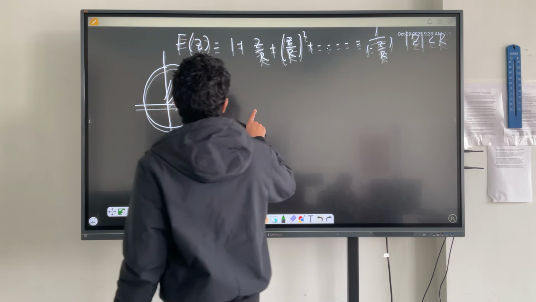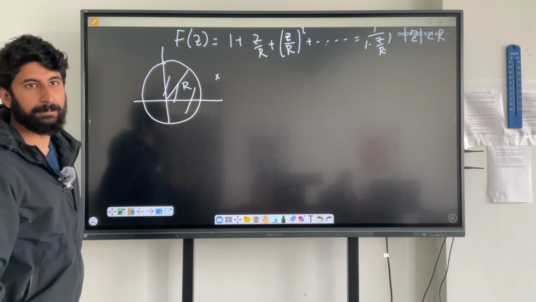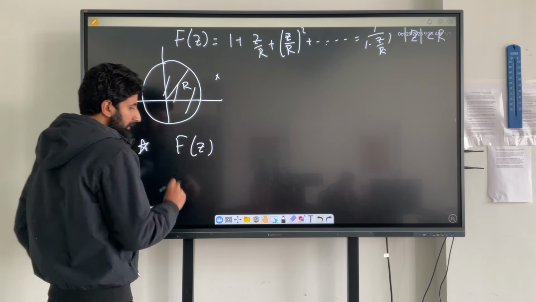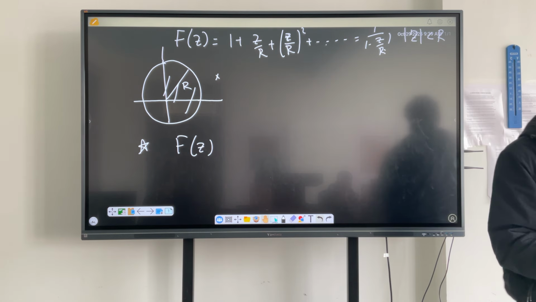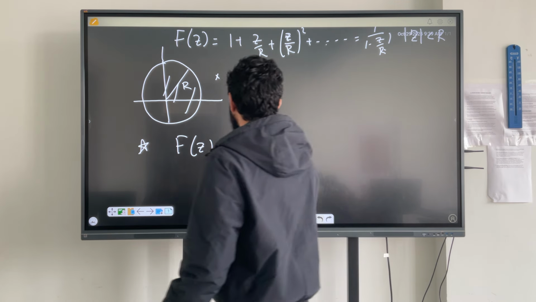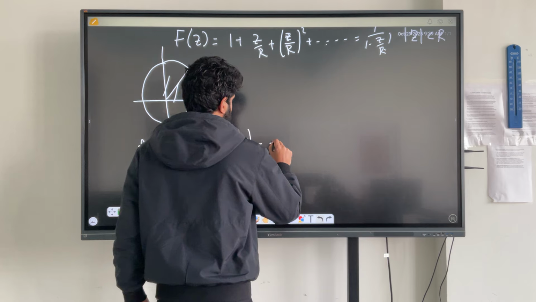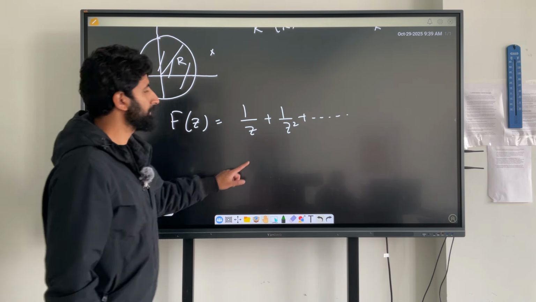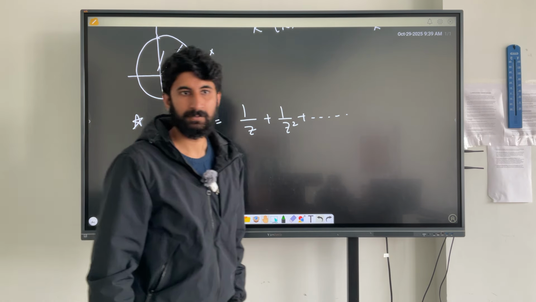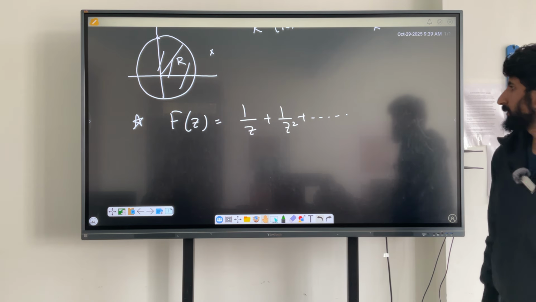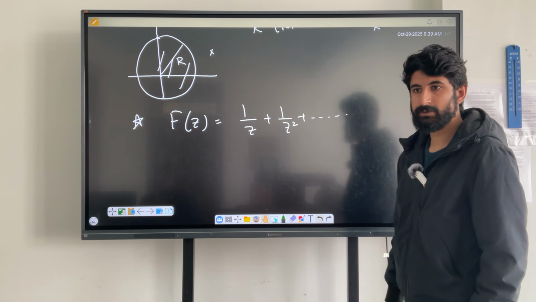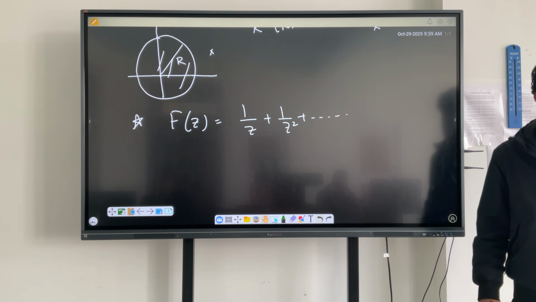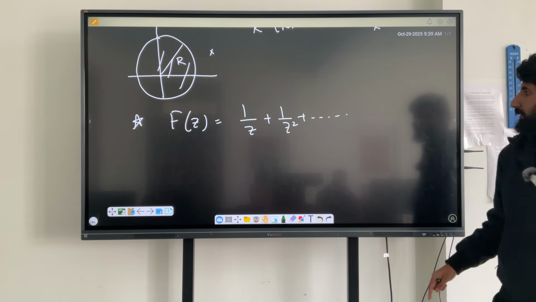Let's look at negative powers now. Let's consider f of z, because the series that we wrote has positive powers as well as negative powers. Let's consider f of z to be 1 by z plus 1 by z square plus this guy. What do you think?